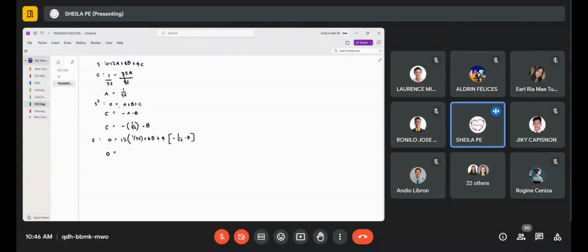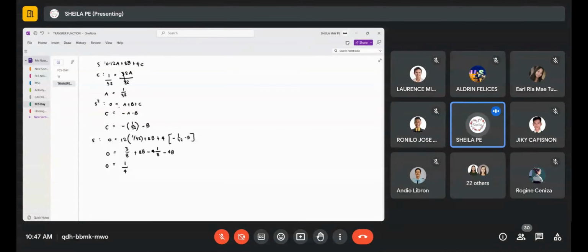So 0 equals 12 over 32, 12 over 32 divided by 4, 4, 3 over 8, plus 8b minus 4 over 32 divided by 4, that's 1 over 8, okay, minus 4b. Simplify. 3 over 8 minus 1 over 8, that's 2 over 8 divided by 2 over 2, that's 1 fourth.